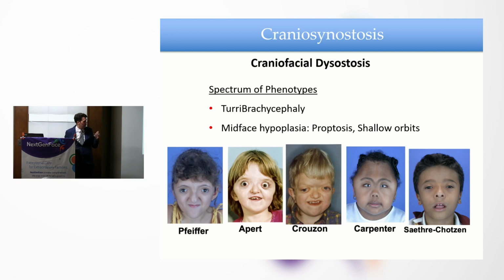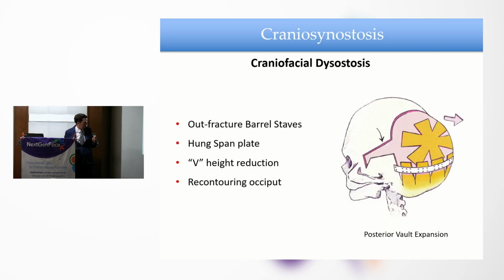So bilateral coronal synostosis can happen with craniofacial dysostosis. You can see all these different syndromes have turricephaly or brachycephaly, but they also have midface hypoplasia. They can be seen with proptosis and shallow orbits, but these are the cases where you'll see the coronal synostosis. In these cases, you have to reassess to see if they need posterior expansion.